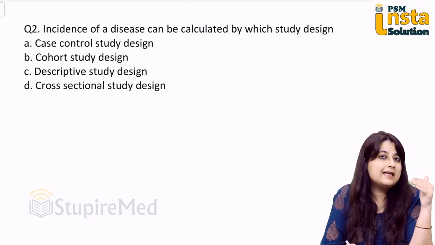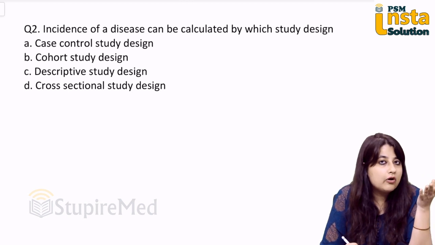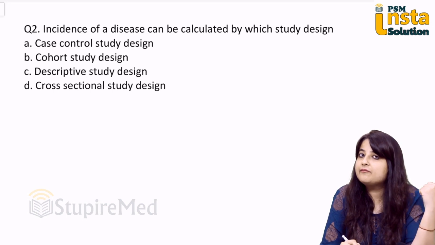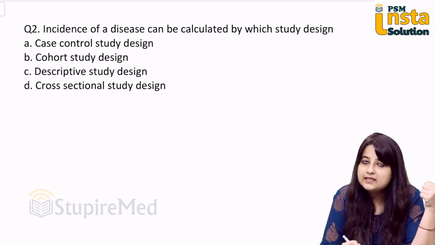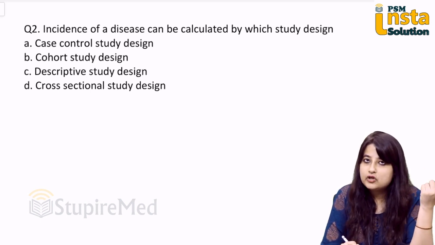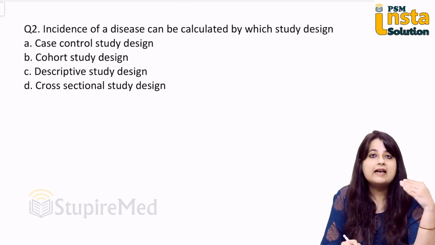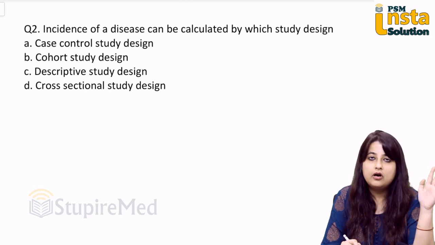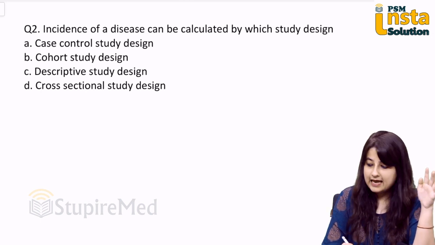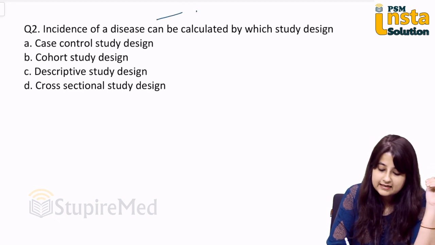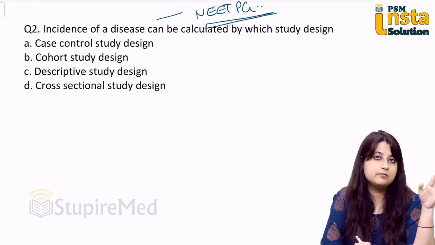All the questions that I put on my Insta quiz are either questions that have been asked in previous NEET PG or FMG examinations, or questions that could be asked in the future. So keeping that in mind, I have designed my questions. This question was asked in NEET PG and this is one of the most important questions.